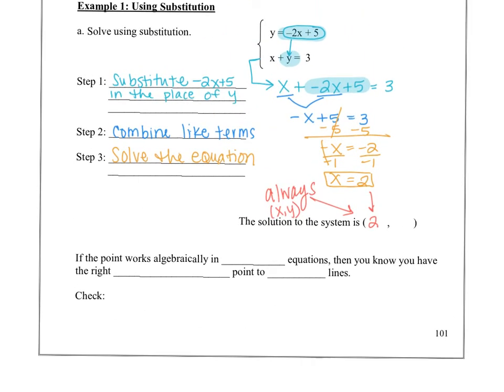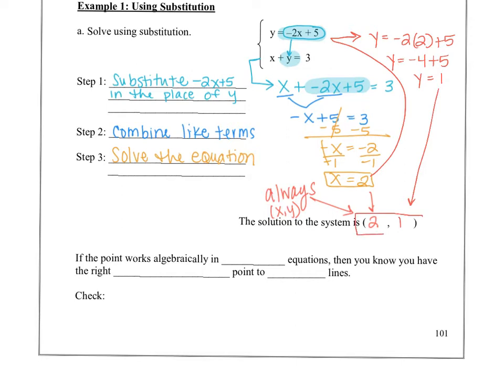So you got to take that 2 and put it back in that top equation, or the bottom equation, doesn't really matter, and solve for y. So this one says y equals negative 2, and instead of x, we know what x is, 2 plus 5. So y equals negative 4 plus 5, which means y equals 1. So that's what goes there. So that is your solution to your system of equations.